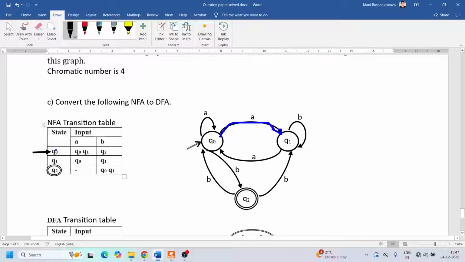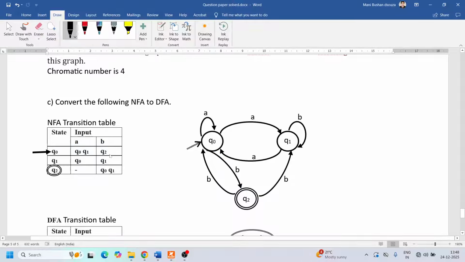Done. Next, let's start with Q0 with the input B. Q0 with B will go to Q2.